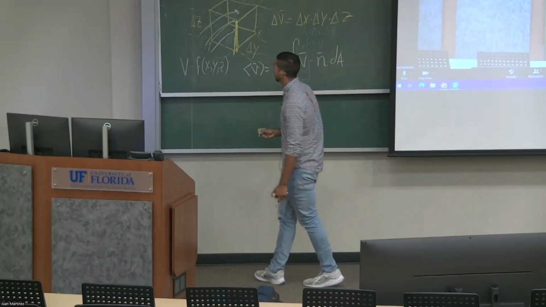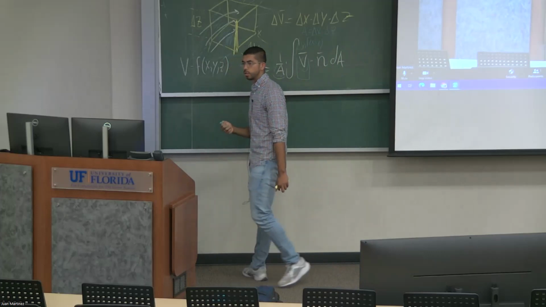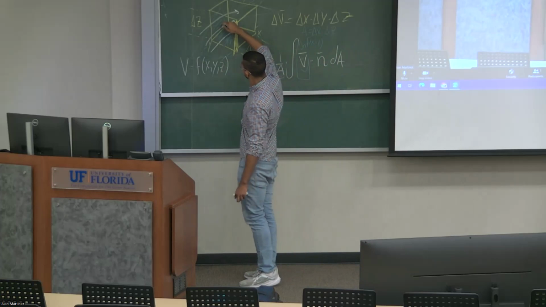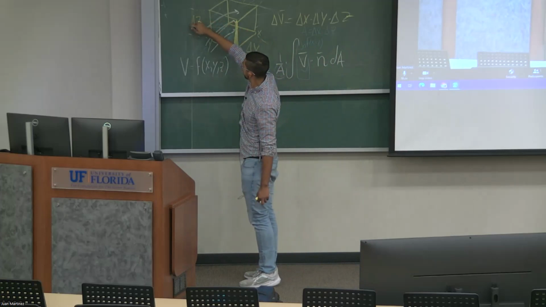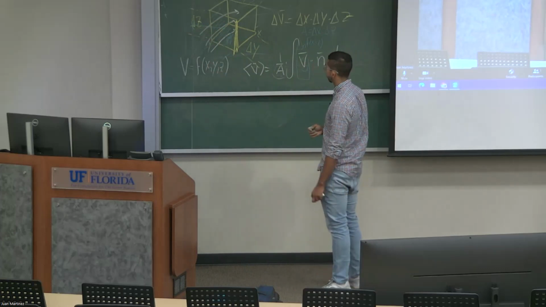The normal vector is a vector that is perpendicular to the plane we're dealing with. So it'll be something like that, going from that plane.